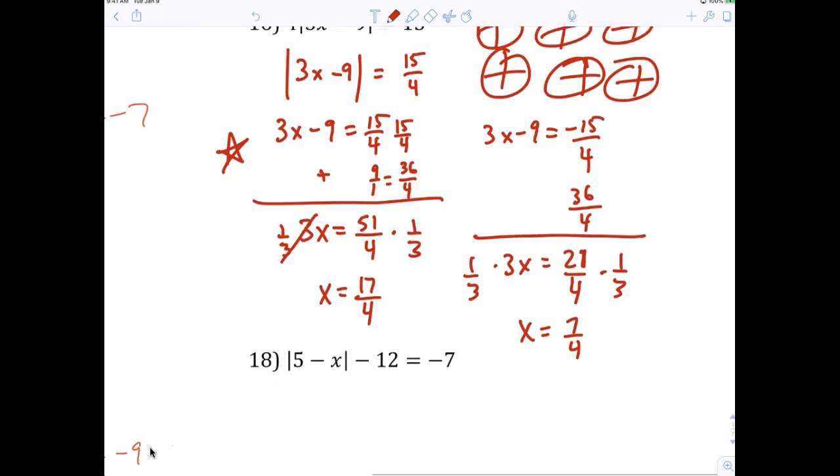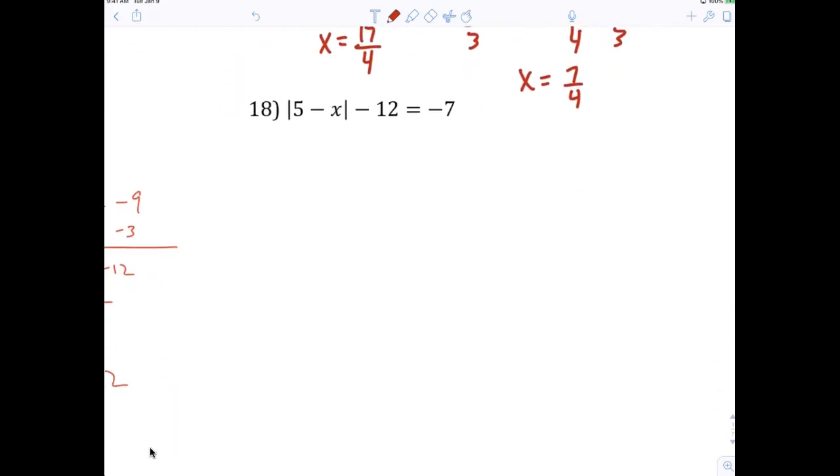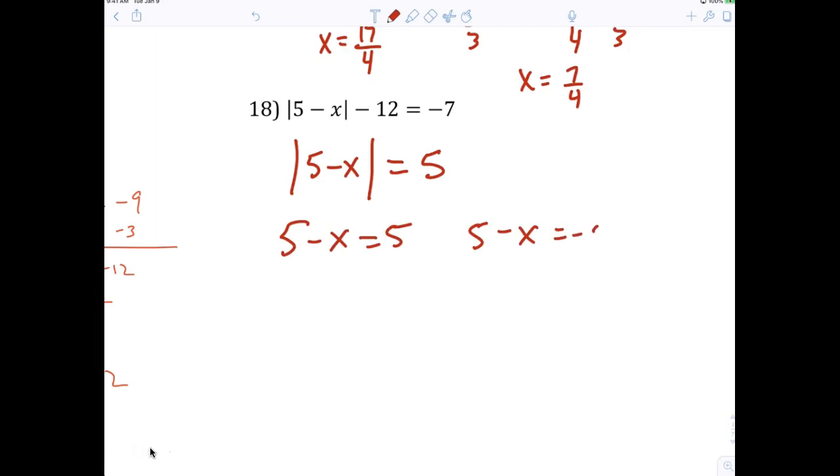All right, let's take a look at 18. So what do I have to do first on 18? Aiden, what am I doing? Plus 12, good. And when I add 12, what do I get? 5, beautiful. So now tell me my two equations. 5 minus x equals 5, and 5 minus x equals negative 5.